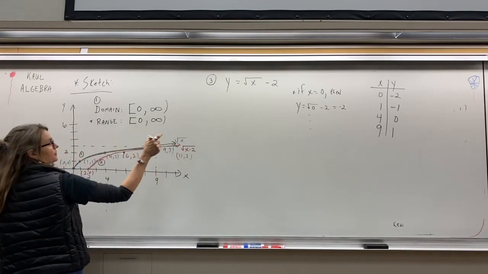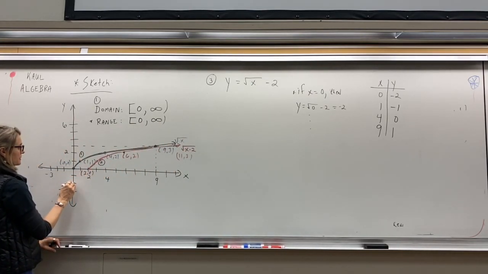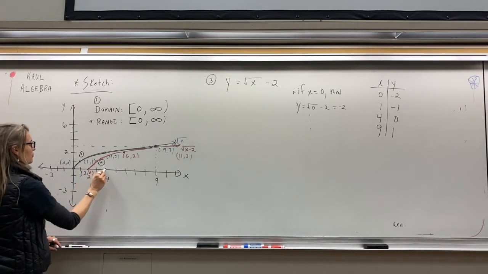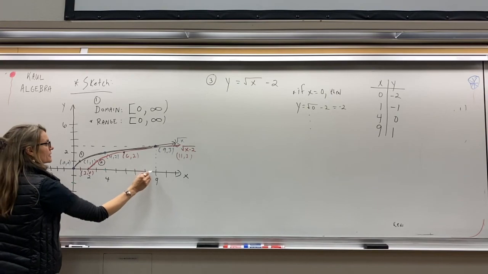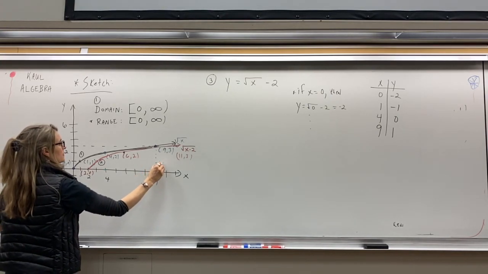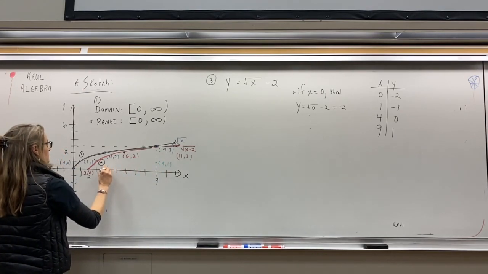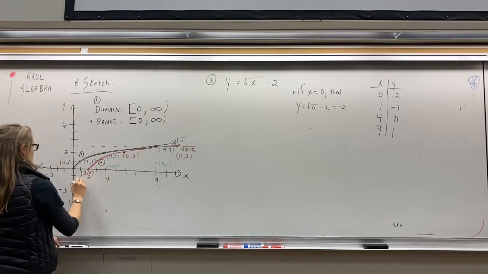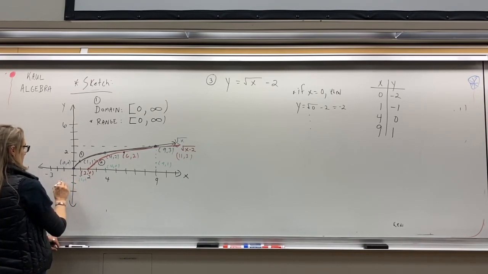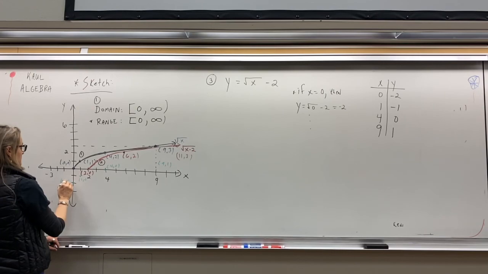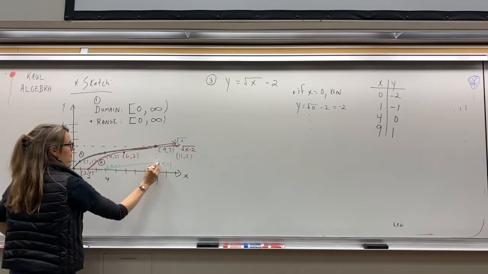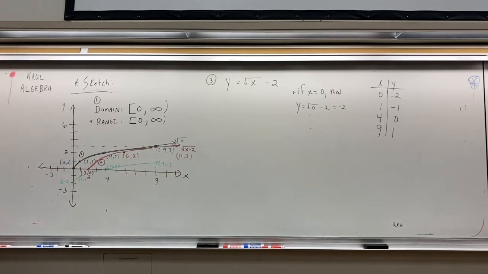So graphing the points that I found here is 0, negative 2, 1, negative 1, 4, 0, 9, 1, and then of course here I have 0, negative 2. There we go.